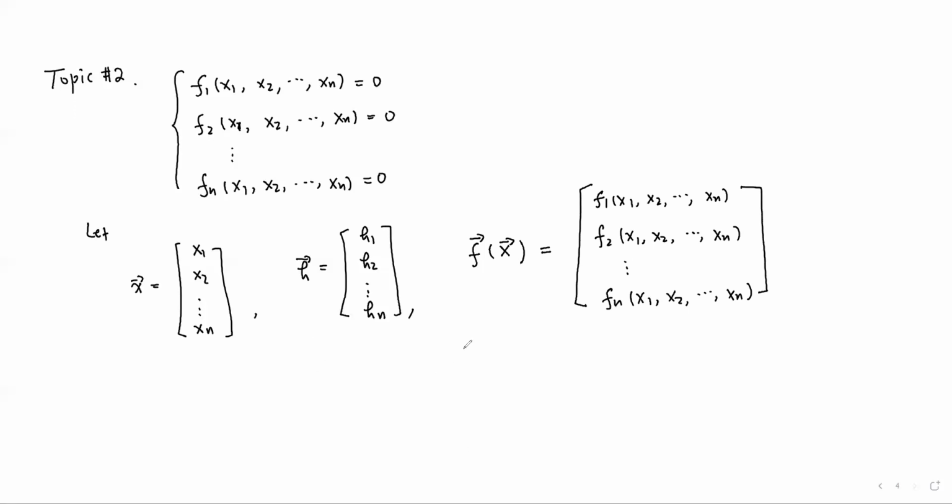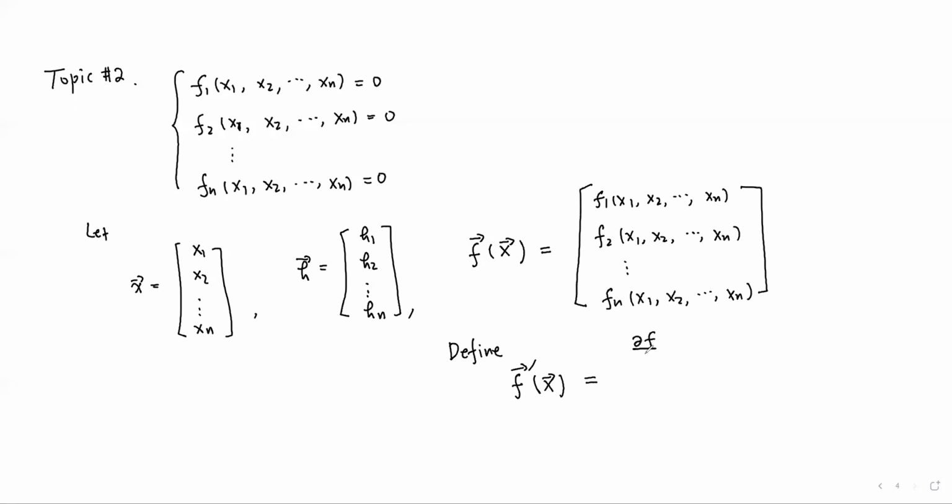Now, further, let me define the derivative. This is a vector value function, not scalar value. The vector value function takes a derivative with respect to a vector variable. The derivative of a vector value function with respect to a vector, I define the derivative to be this matrix.